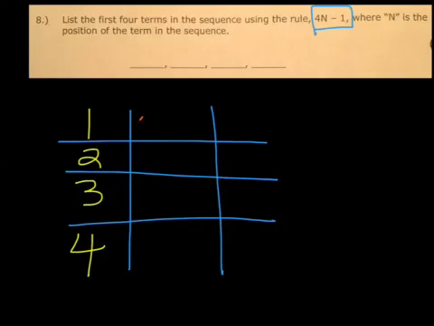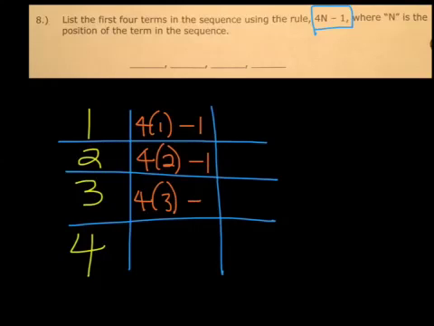So in the middle, I would have 4 times 1, and then the rule says subtract 1. Then my second one, I would have 4 times 2, and then subtract 1. Then 4 times 3, and subtract 1. Then 4 times 4, and subtract 1. I'm going to let you guys finish this one to know what are the answers for the first 4 terms in the sequence.